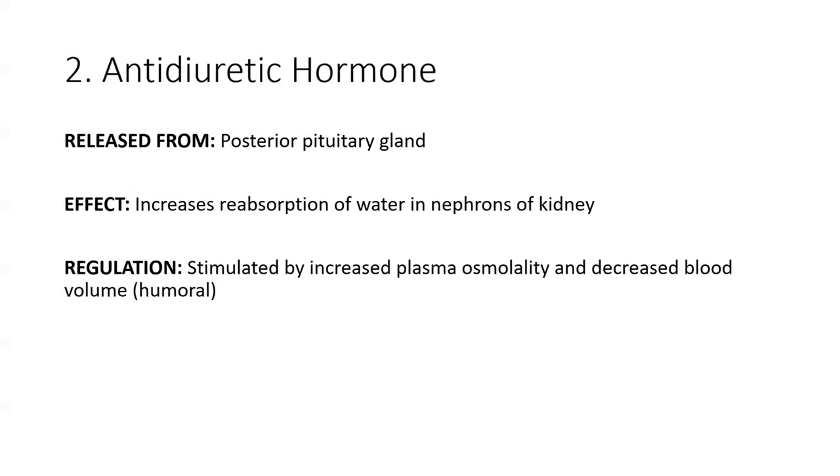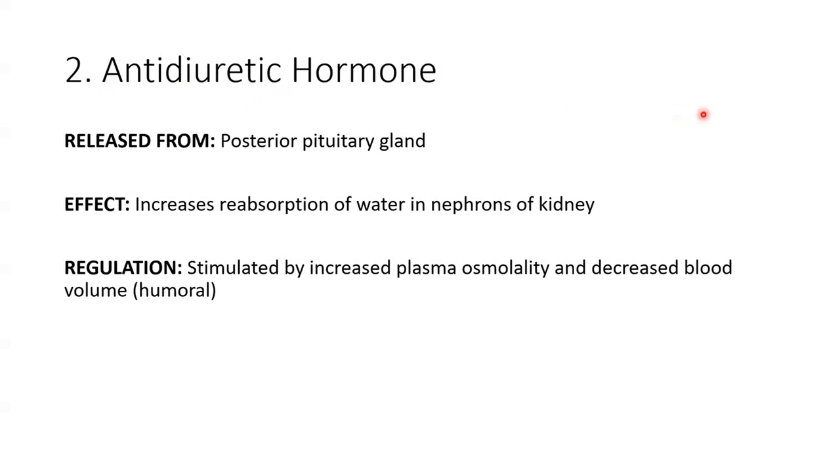The other hormone released by the posterior pituitary gland is antidiuretic hormone, also referred to as ADH. And so a diuretic is a substance that causes increase in urination. So in this case, an antidiuretic is a hormone that reduces the need to urinate.